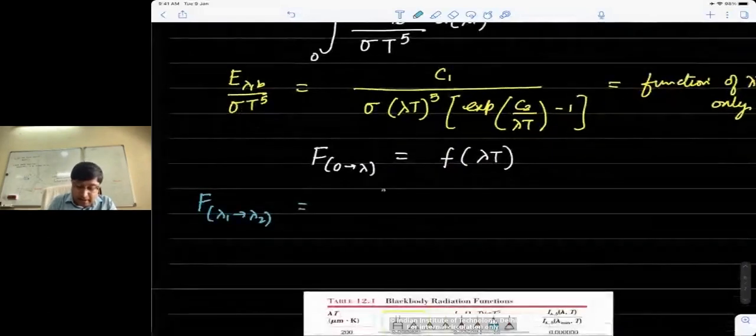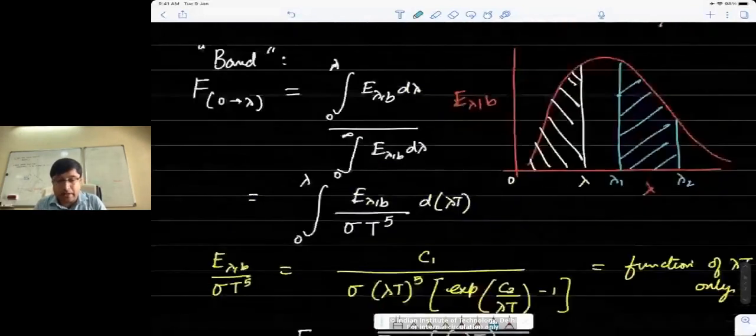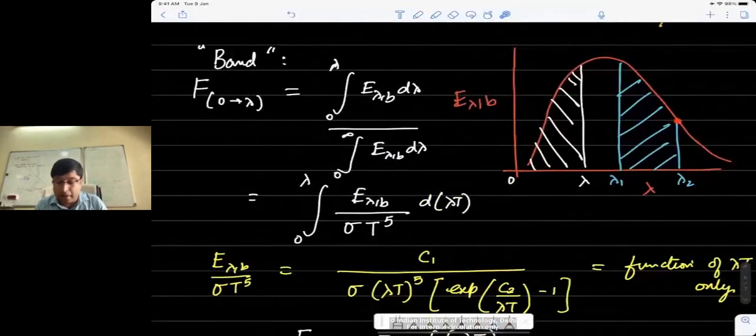So this can be written as an integral. You see that it's the area under the curve that we are calculating, the area under the spectral curve. So I can calculate the area under the curve up until lambda 2 and subtract the area under the curve until lambda 1.